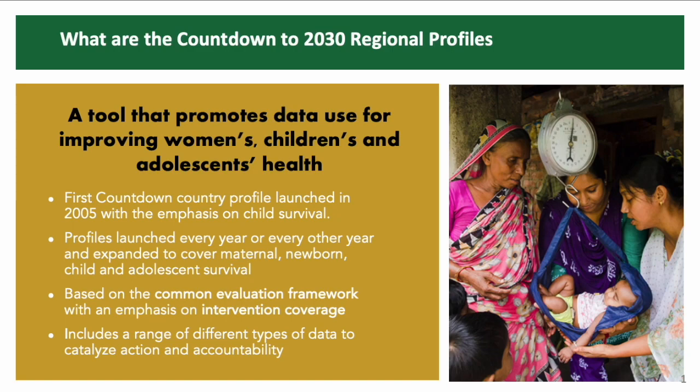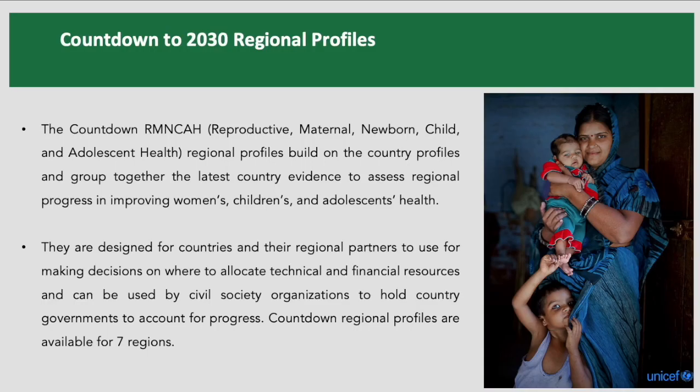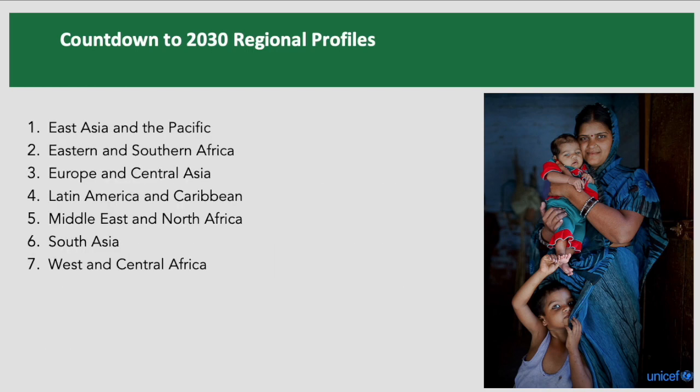The regional profiles build on the success of the country profiles and group together countries of the same region and display their data in a regional view, which allows for regional partners to use this data to make decisions across the regions.